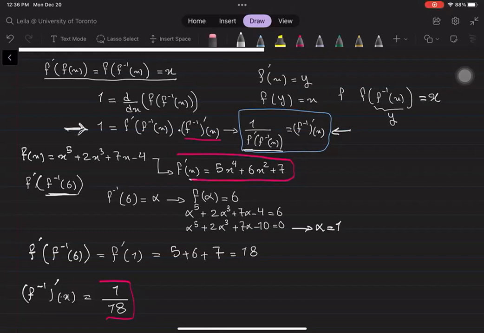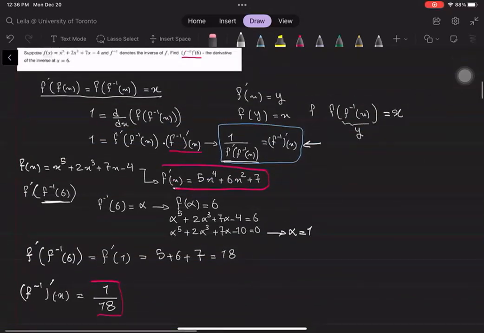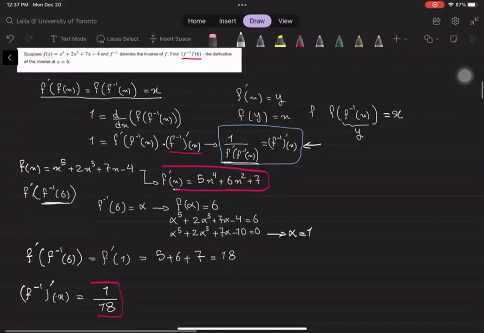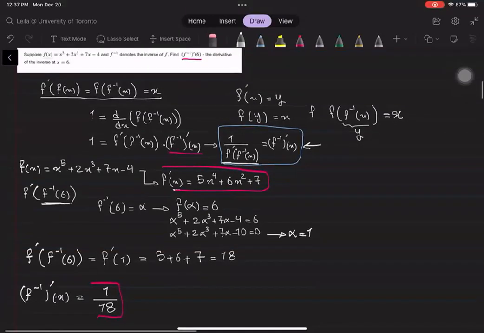Yeah, like if you do it the longer way, and you want to get the inverse first, will you have to prove that the function is 1-to-1 first before you take the inverse, or no? Oh, so you're saying if you don't go this way and you just take the inverse from the start? Yeah.